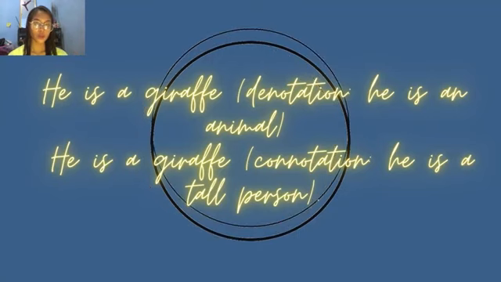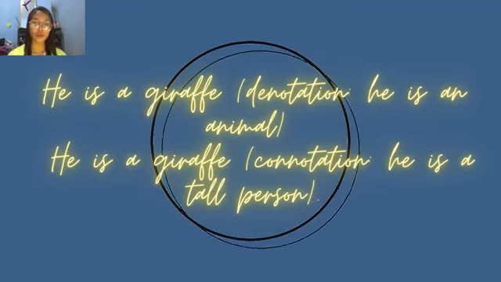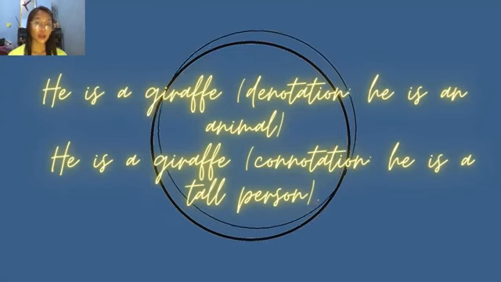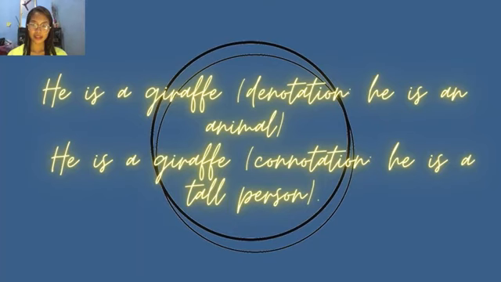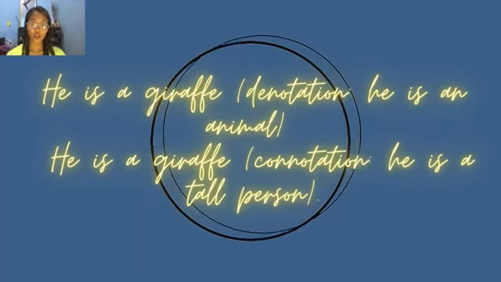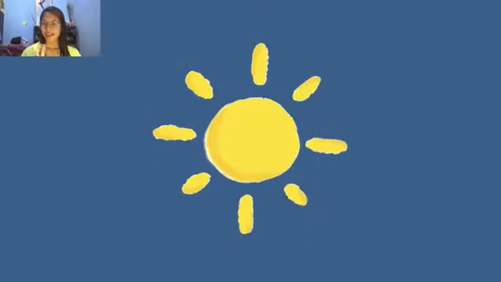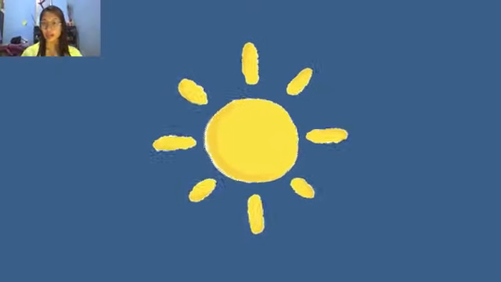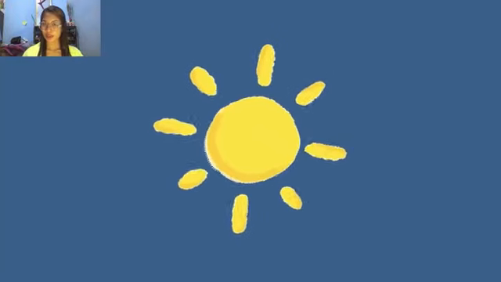Now, the difference between denotation and connotation is its meaning. Denotation means the same meaning, while connotation is another meaning. So that's the denotation and connotation of the word giraffe, or the sentence, he is a giraffe. Second, now we have here a sun. Now, what did you notice? Can you make a sentence using the word sun?